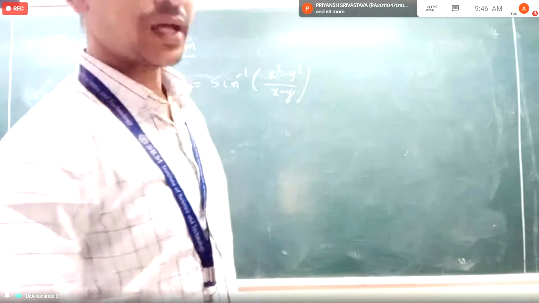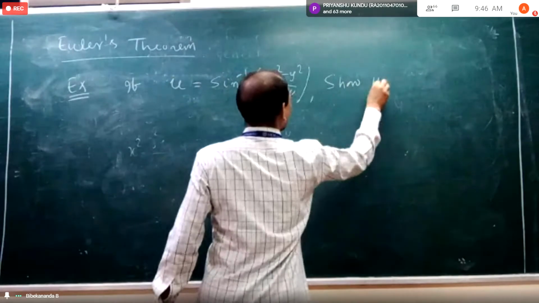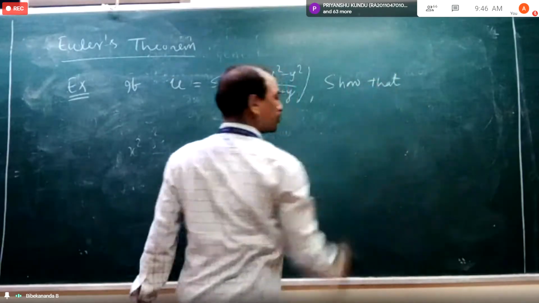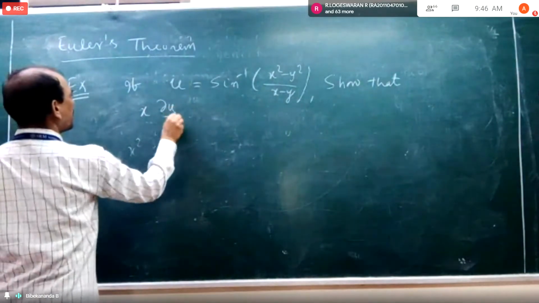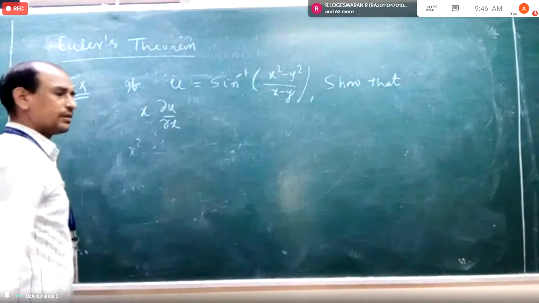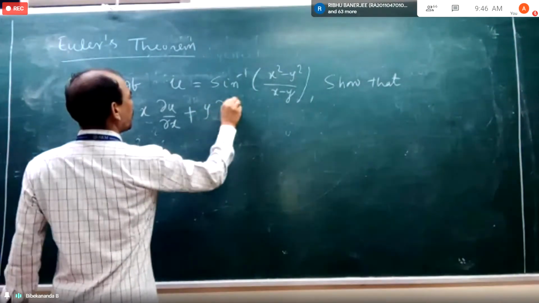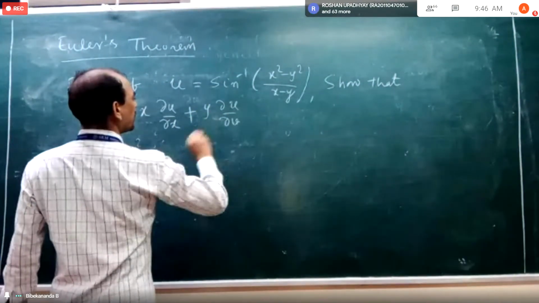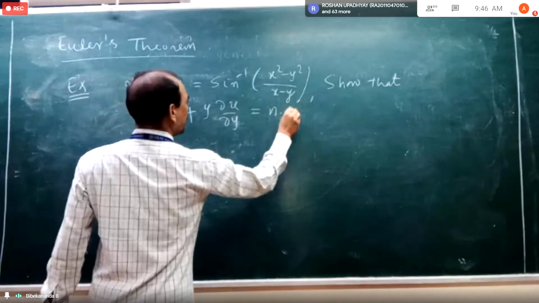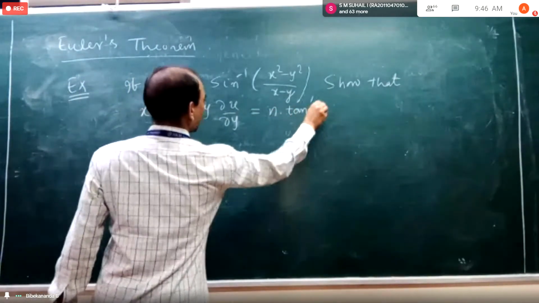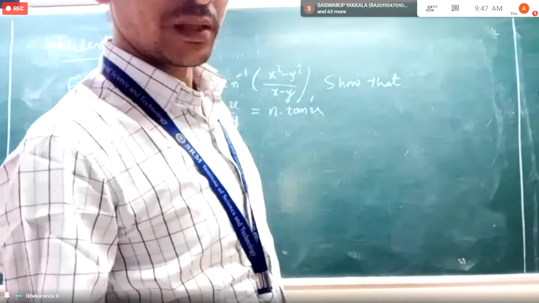then x dou u by dou x plus y dou u by dou y is equal to tan u.